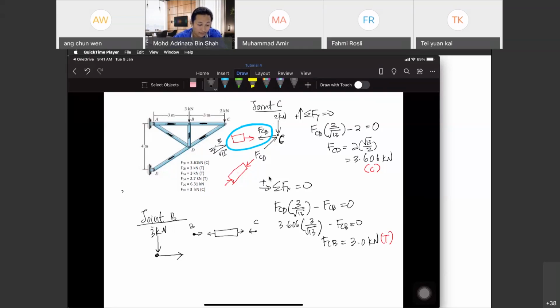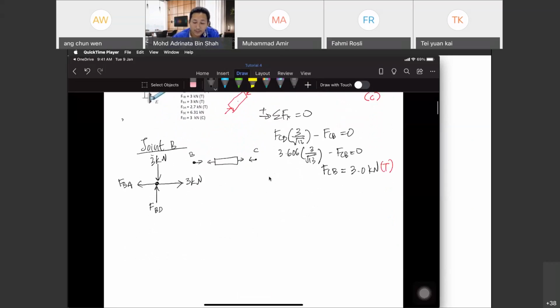Then we have FBA and FBD. It is clearly shown that FBA is 3 kilonewton and FBD is also 3 kilonewton.